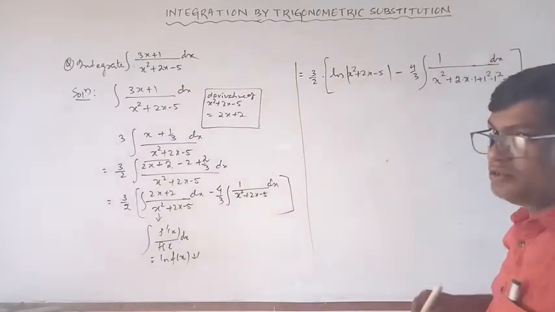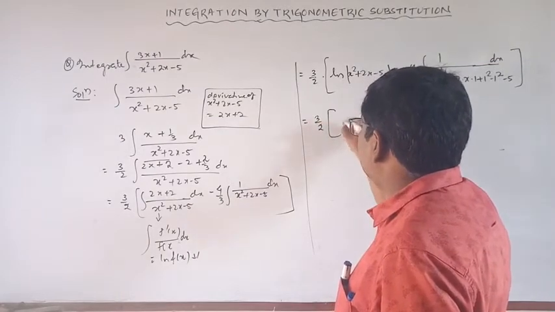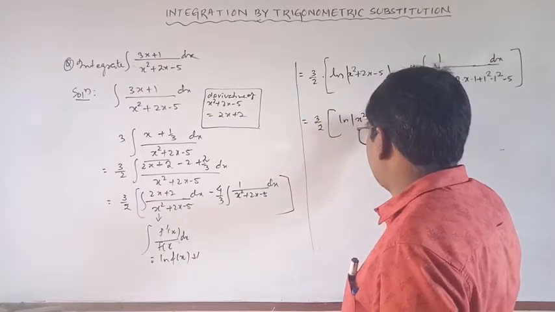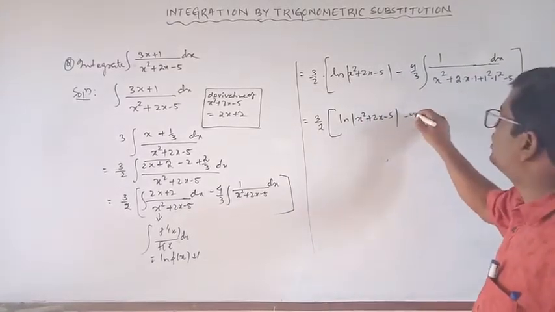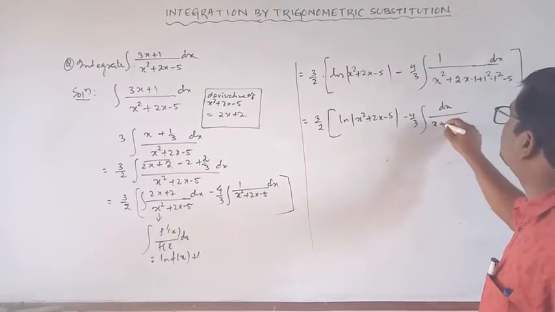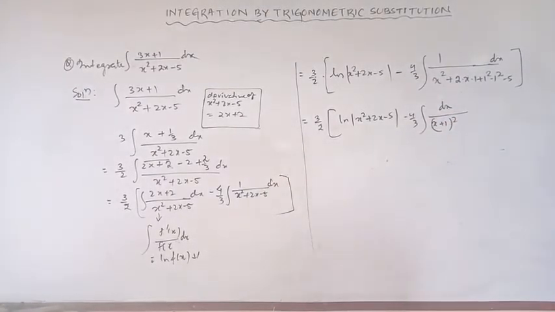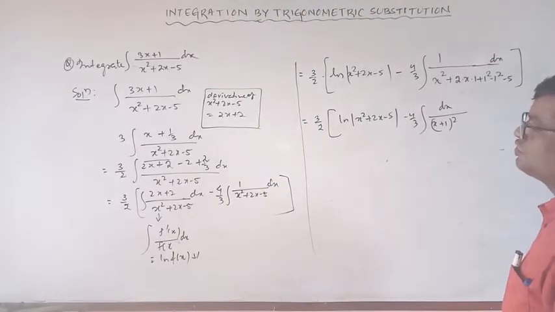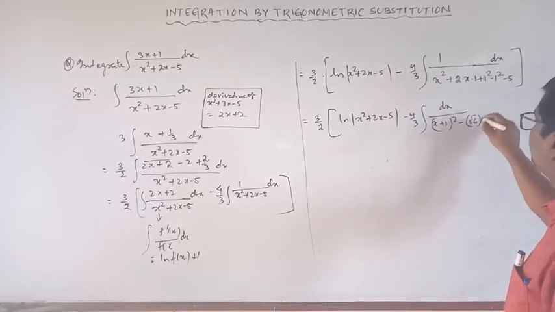So this is equal to 3 by 2 log of x square plus 2x minus 5, and this is minus 4 by 3 dx by x plus 1 whole square minus 6, so minus 6 whole square.